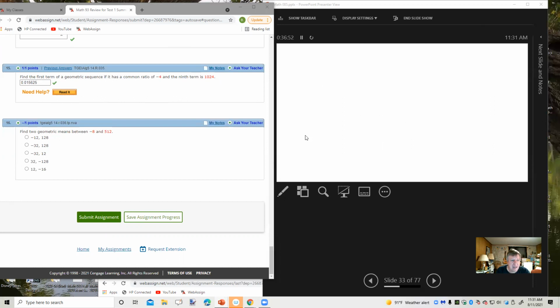All right, let's take a look at problem number 16. Find two geometric means between -8 and 512. So a sub 1 is -8. Then we've got two geometric means, and then a sub 4 is 512. Okay. So a sub n equals a sub 1 r to the n minus 1 power.